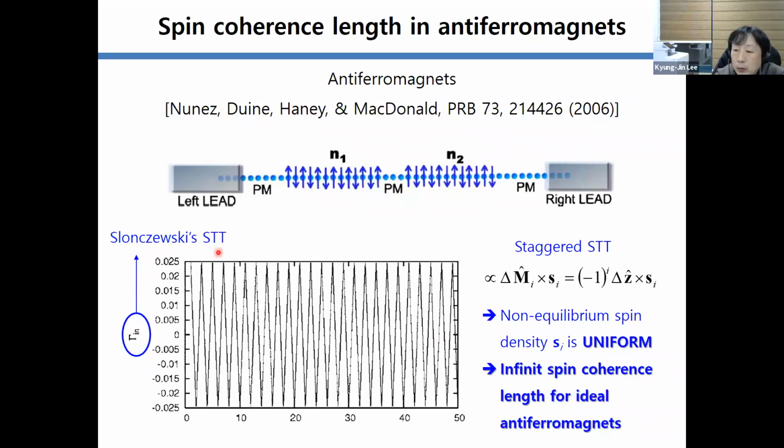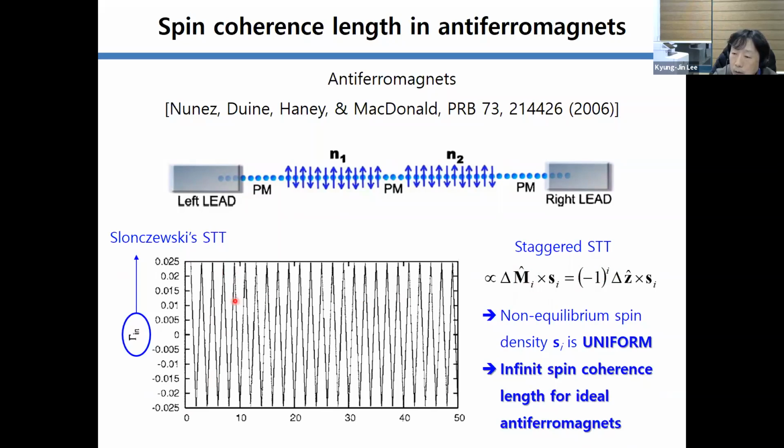The Slonczewski spin torque is a function of the location. So you see that the spin torque alternates on the atomic scale, but the magnitude doesn't change, which means that the spin density is uniform, because the spin torque is given by the exchange interaction and the magnetic order parameter cross product the non-equilibrium spin density. In an antiferromagnet, this magnetic order parameter is alternating.